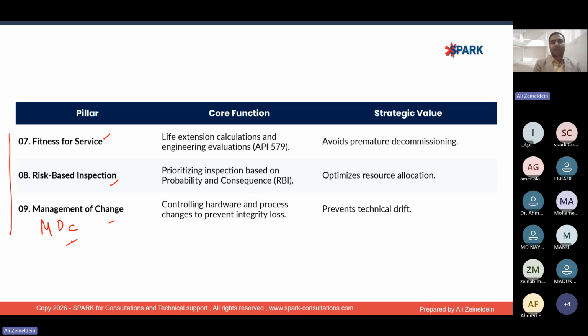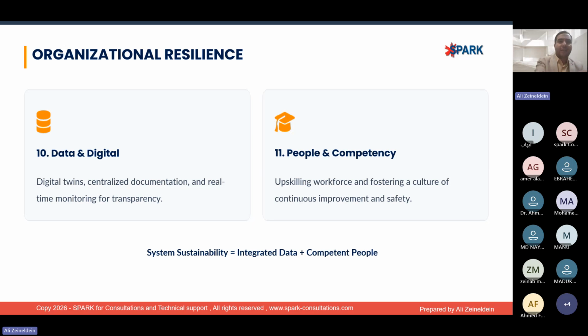This is the rest of the pillars, but we are talking specifically about the organizational analysis: data and people. To achieve system sustainability, integrated data plus competent people.